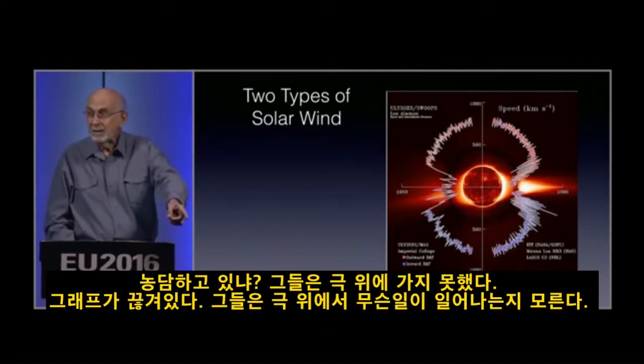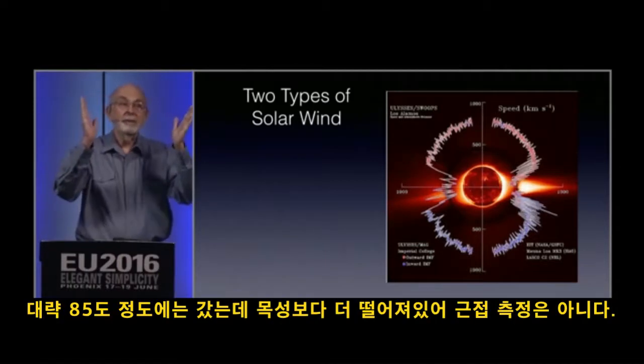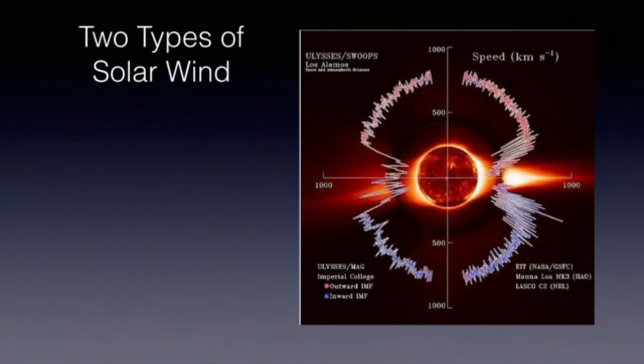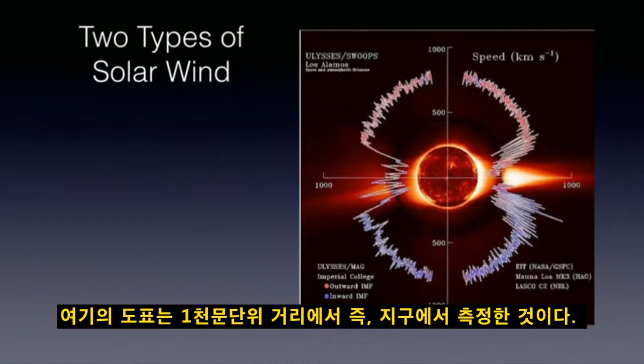You see the diagram stops. They don't know what's going on up there. But they did get to about 85 degrees or so. But Ulysses, when it got to 85 degrees, was way out beyond Jupiter. So this is not a close-in measurement. And the plot here is what they measure at about 1 astronomical unit, which is where we are.